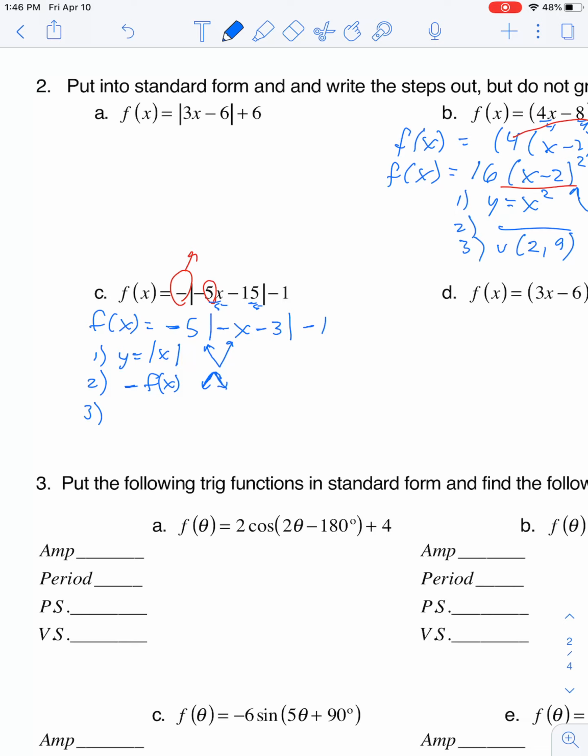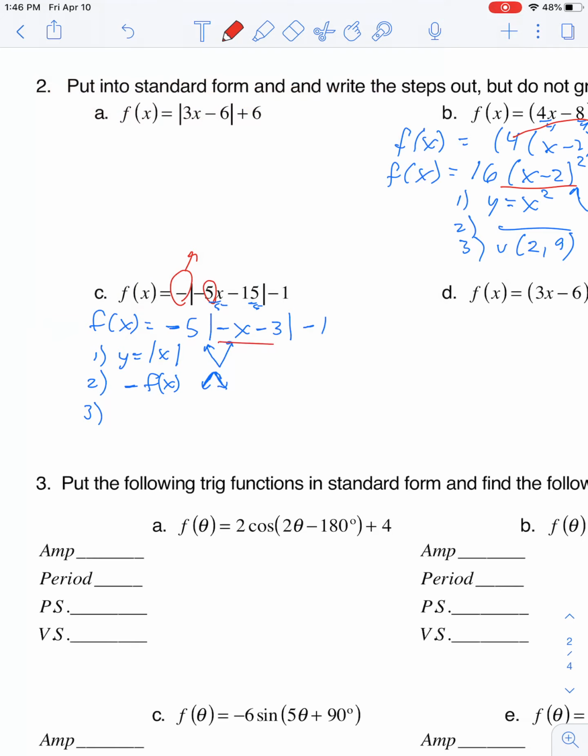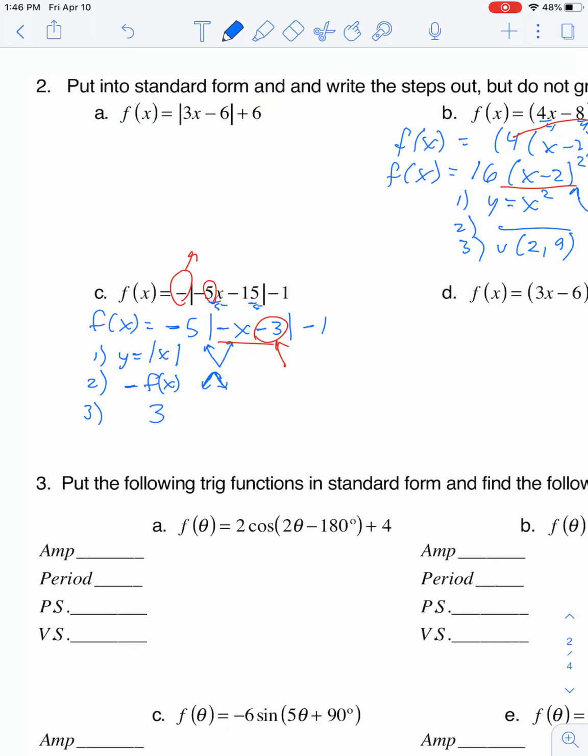And my last part, well, not the last part, but our vertex again, we get from the inside value there with the x value first. We always take an opposite of that negative 3, and that leaves us with 3. And then we just take the negative 1 as well. My x value stays within the parentheses or the absolute value there.